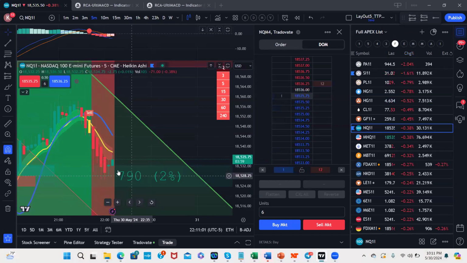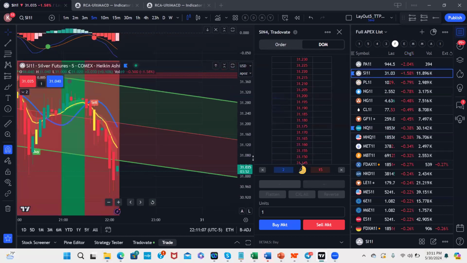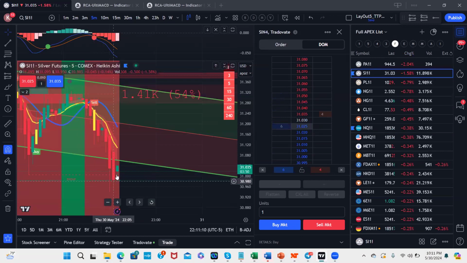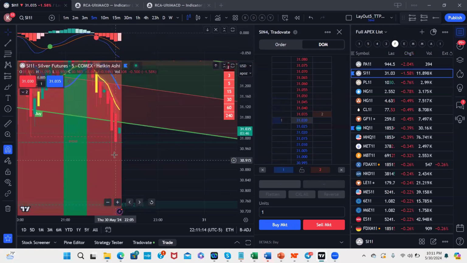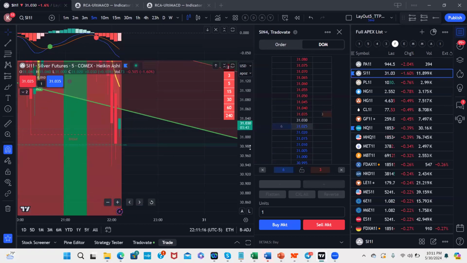It came all the way down, touched the buy order block, and started going up. Silver came all the way down the channel. Now it is trying to bounce back. So there is a buy order block here.